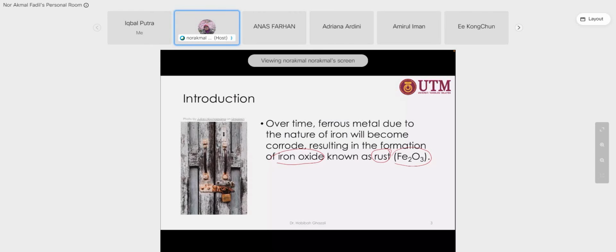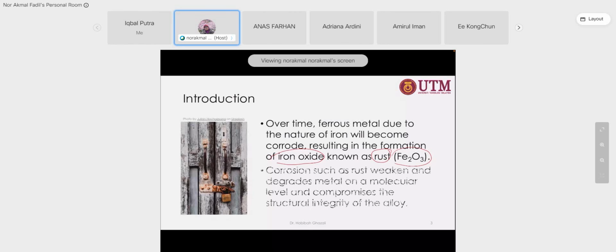The orange-like surface is actually rust. It is iron combining with oxygen. Corrosion such as rust will weaken and degrade the metal on a molecular level and compromise the structural integrity of the alloy.